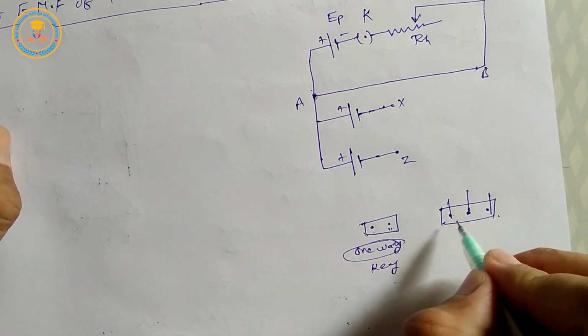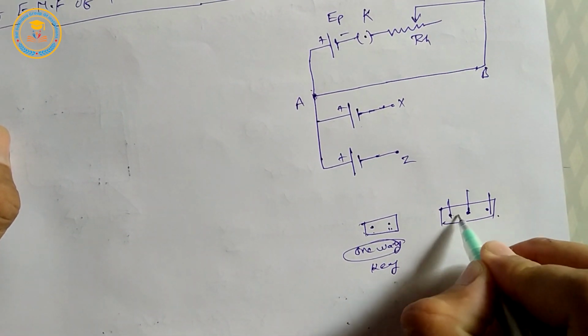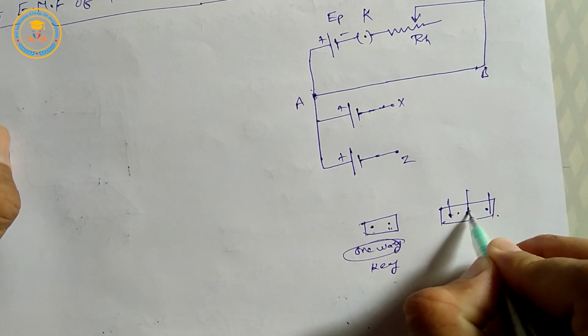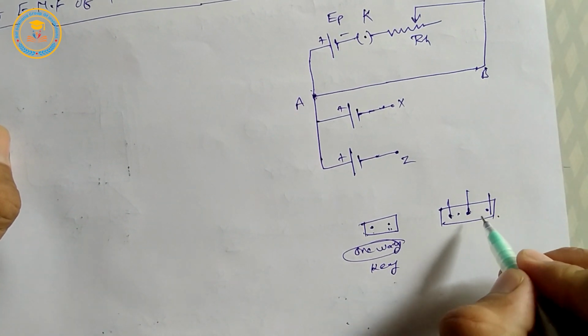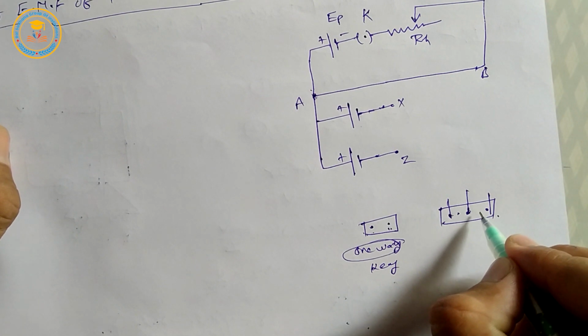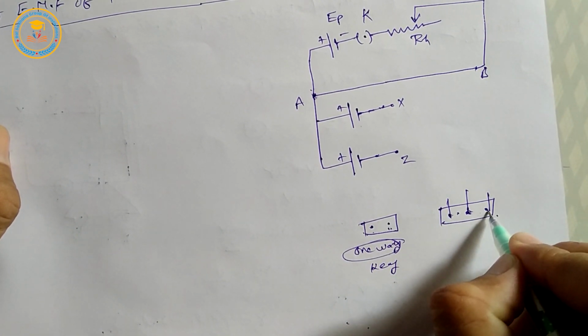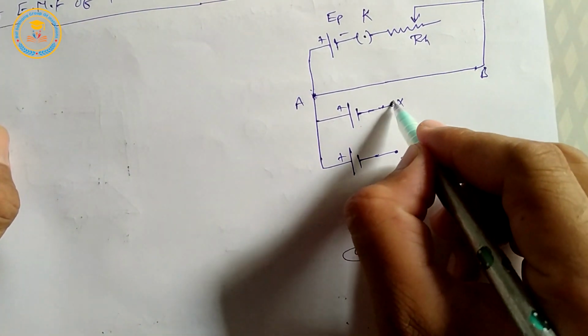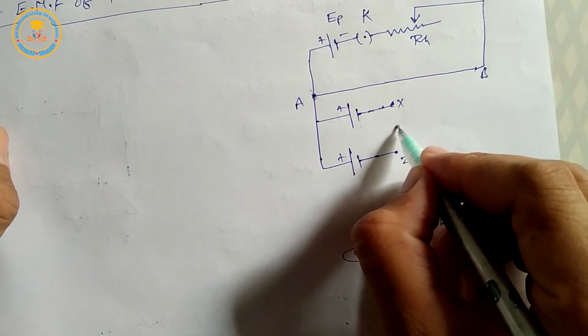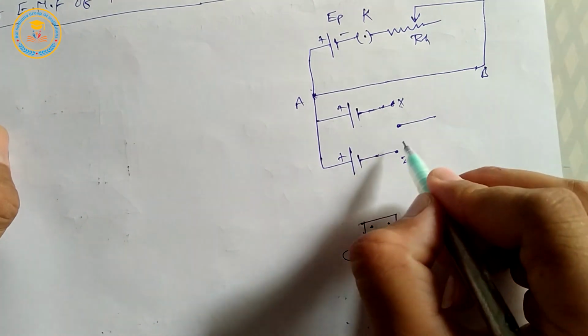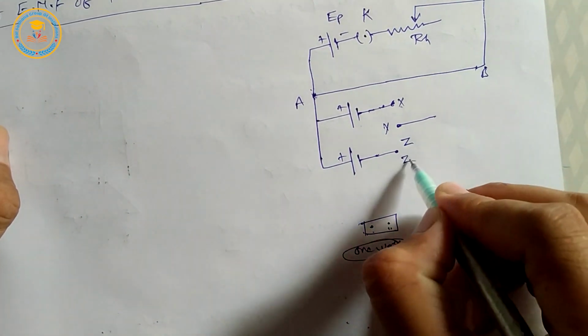If we plug a dot between these, then these are working, and if a dot is inserted between the other two terminals, then those are working. So this is a two-way key: this X, this Y, and this Z.